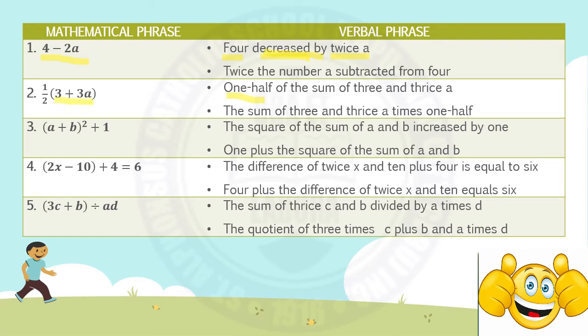Remember, 3a is called thrice a. Sum, because it is a plus sign: sum of 3 and thrice a. When you read it as a whole, 1/2 of the sum of 3 and thrice a. Or it could be the sum of 3 and thrice a times 1/2.